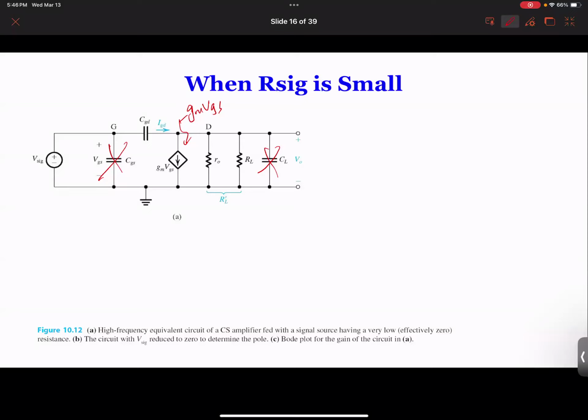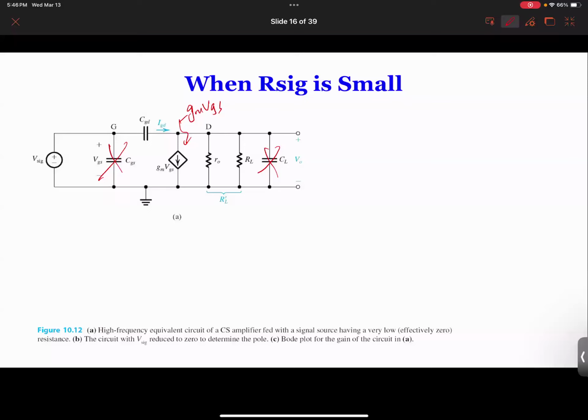But if I do this, I have a problem because there is a capacitor CGD over there. If I calculate GM times VGS, like what I did last time, GM times VGS times the RL prime, I get the output voltage, but I actually neglected IGD.